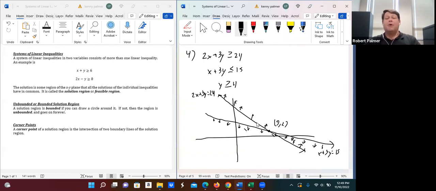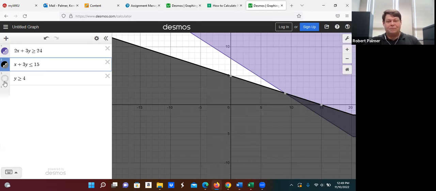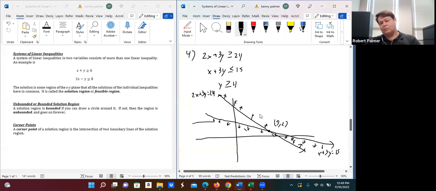Okay, so far with just these two, your solutions are this section right here. But now, if I include the third one, which once again is y is greater than or equal to 4, okay, then there is nothing that's a solution to all three at the same time. So that should be a flat line, but you get the idea. So y is equal to 4 above here.